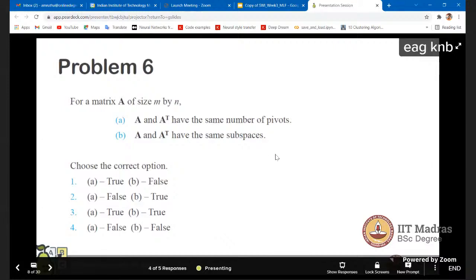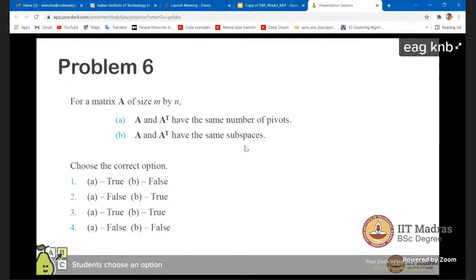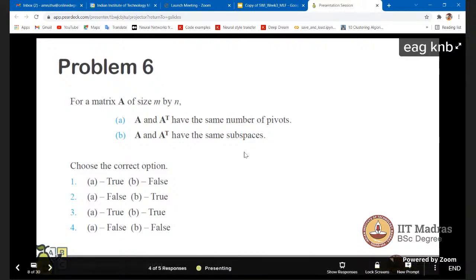Ma'am, yes. So in a given M by N matrix, if the number of columns is greater than the number of rows, the maximum number of pivots that are possible is equal to the number of rows, M, right? Yes. So it could be maximum, but it could also be less than that.